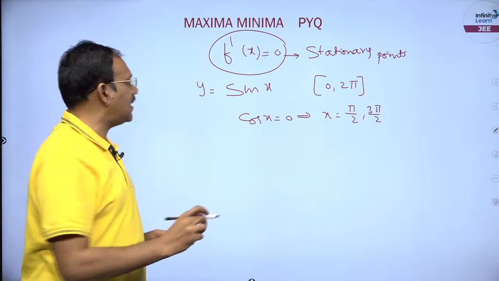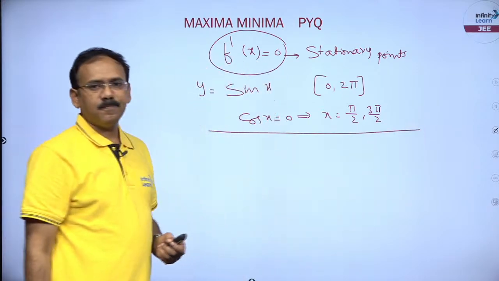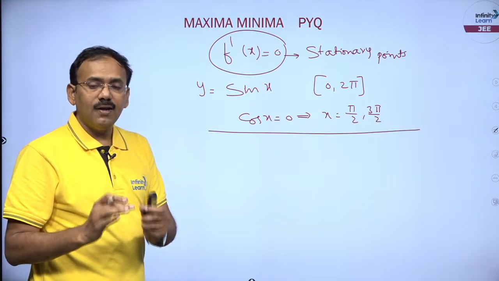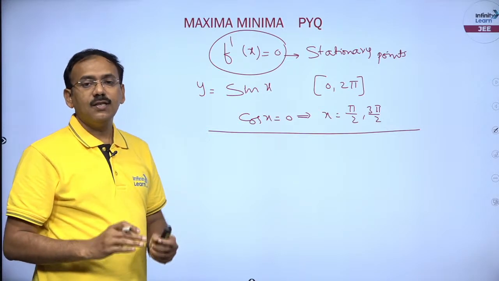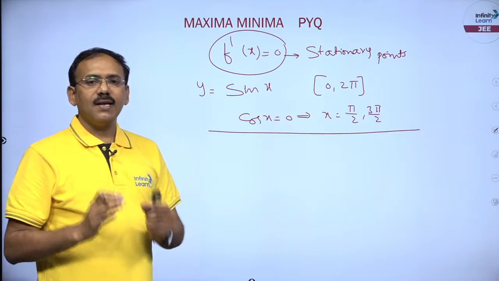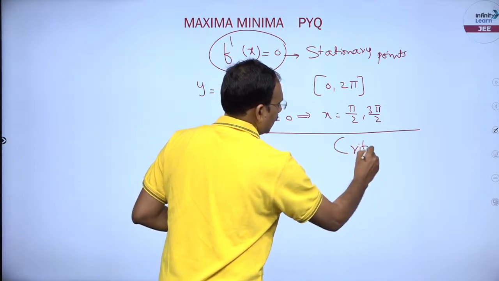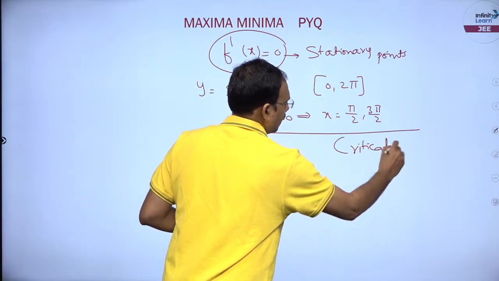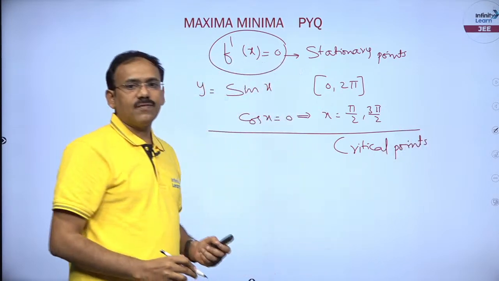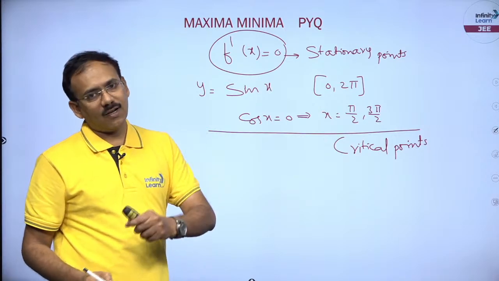Next one is critical points. Critical points are the points of the domain where the derivative is 0 or does not exist. Let me repeat, critical points are the points of the domain where the derivative is 0 or does not exist.